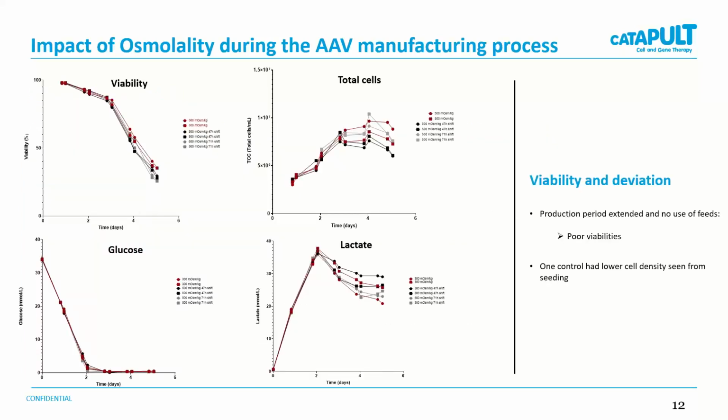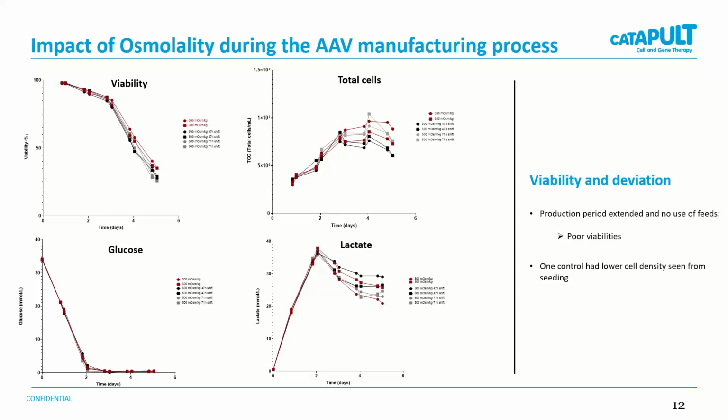One thing to know about this experiment is we decided to extend the production period, and we also decided not to use any PID. This was in order to not affect osmolality and really have a look at the impact of osmolality on our process.